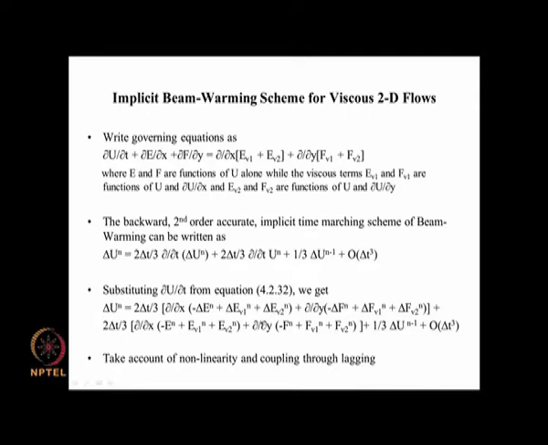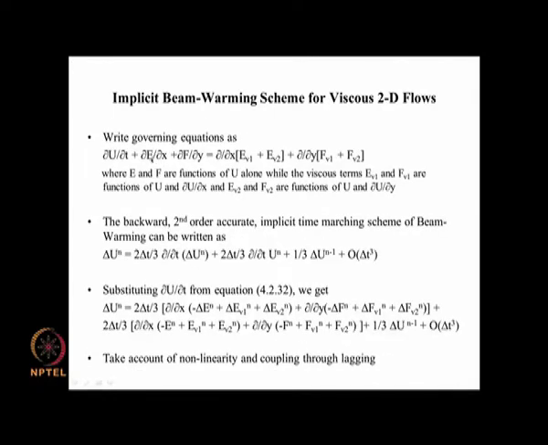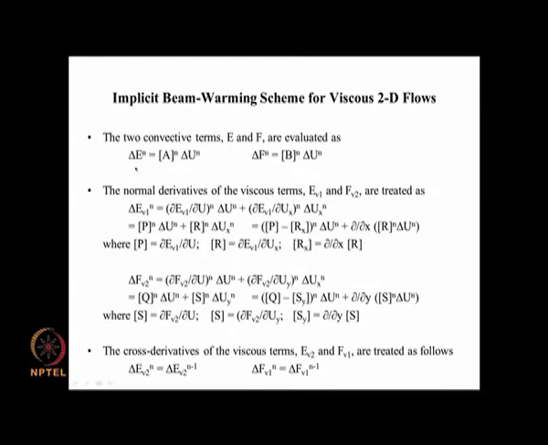It is more tedious. So here you have E and F. You also have EV1 and EV2 and FV1 and FV2. So each of these is treated in a specific way. So we have delta En written as An delta Un, and delta Fn written as Bn delta Un.